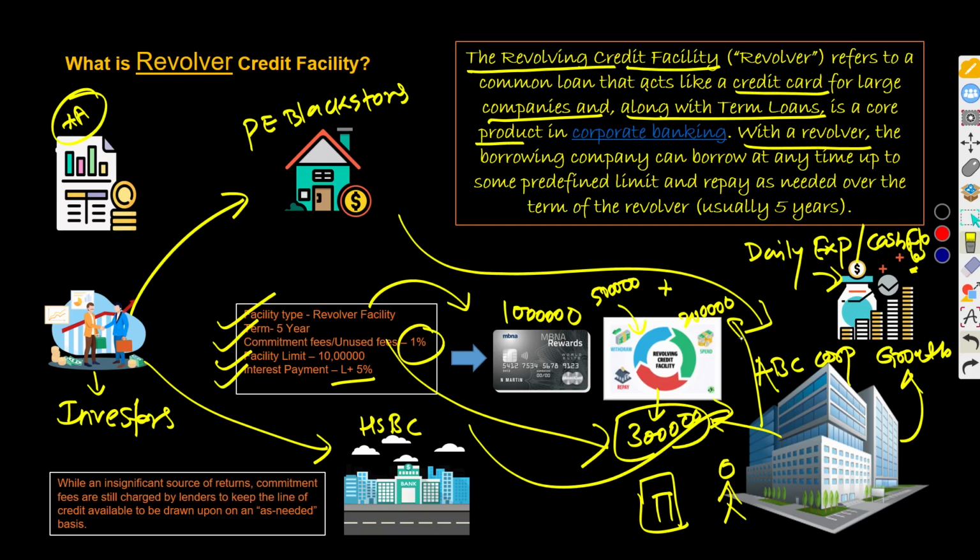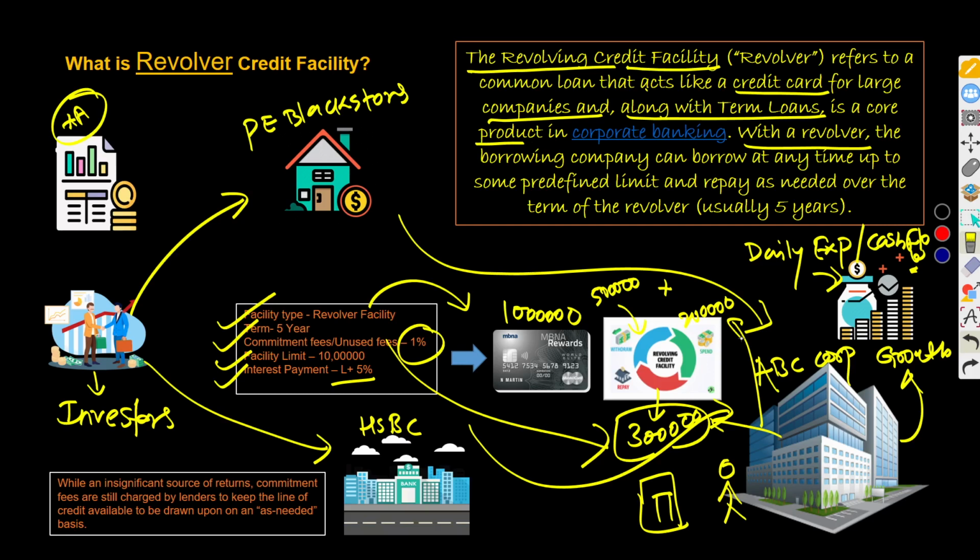Hey, look, we have signed an agreement as a revolver credit and now I need funds. Can you please arrange funds, let's say 1 lakh, 2 lakhs, 3 lakhs, because my facility limit is 10 lakhs. So up to 10 lakh they can withdraw or spend. Similarly, if you have a credit card of 10 lakh rupees limit, you can definitely utilize the 10 lakh rupees and pay interest to the bank. Same way here.